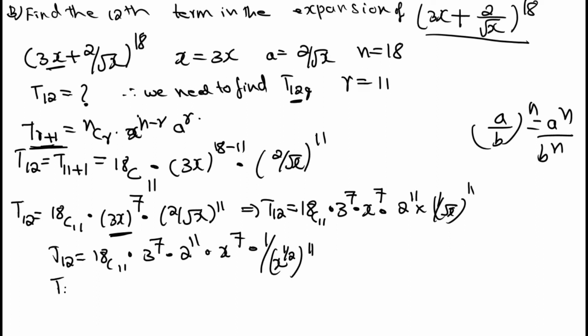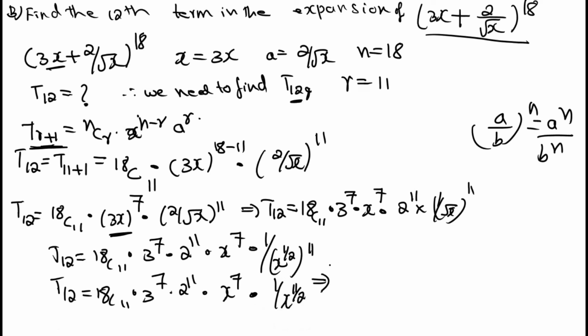In the next step, see, T12 equals 18C11 into 3 to the power 7 into 2 to the power 11 into x to the power 7 into 1 by x to the power 11 by 2. Okay, just multiplying the powers.